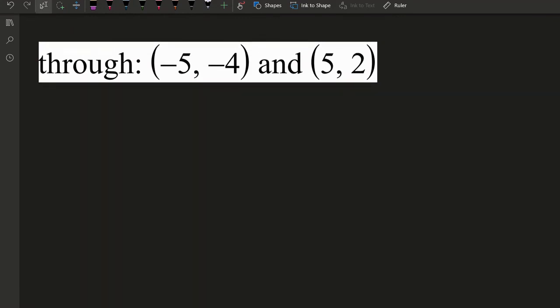Okay, now this one, how do I write the equation of a line given the 2 points that it goes through? Well, this is where I first have to find the slope, and in order to find the slope, I'm going to say this is x1, this is y1, this is x2, and this is y2. And then we had previously discussed the slope equation. Slope is equal to y2 minus y1 divided by x2 minus x1.